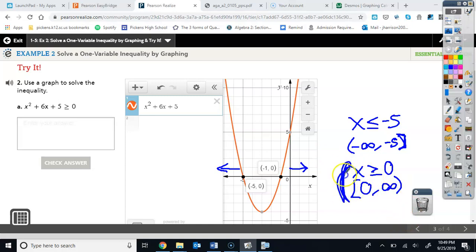These are the x values that would make this greater than or equal to 0. Again, above the axis or on the axis in this case, because it does say greater than or equal to 0.